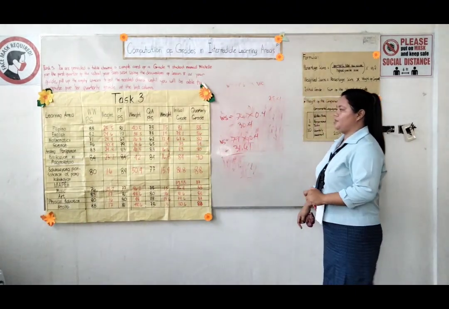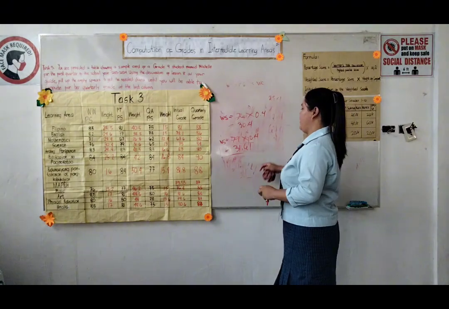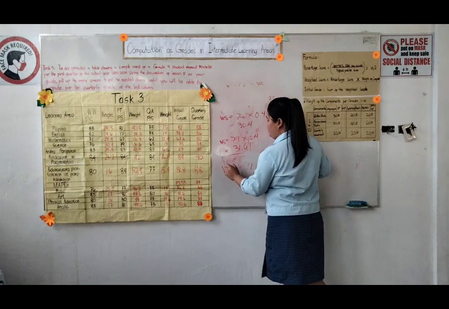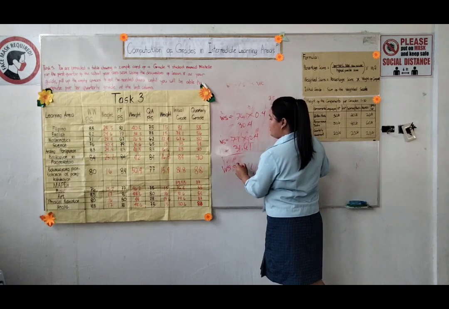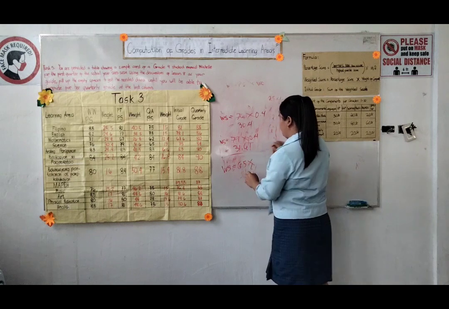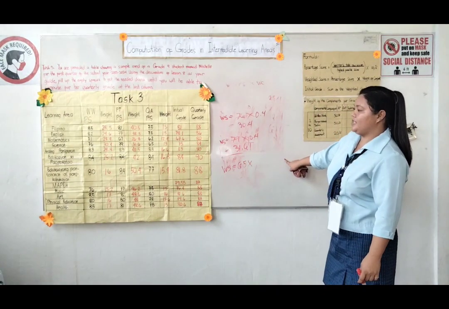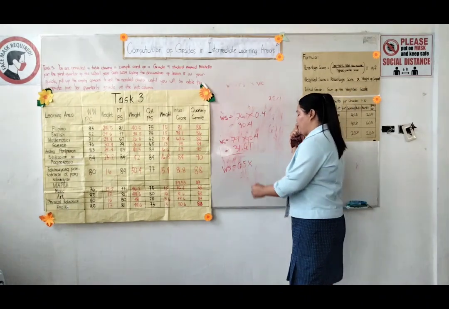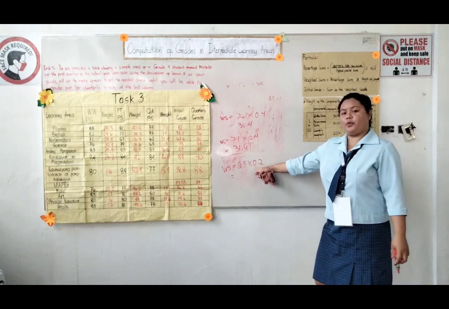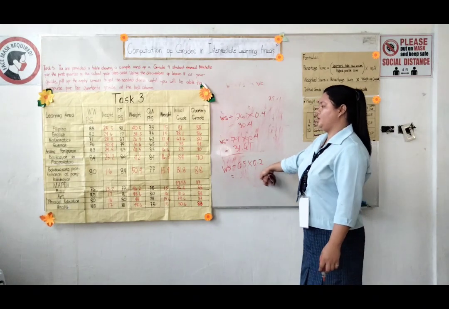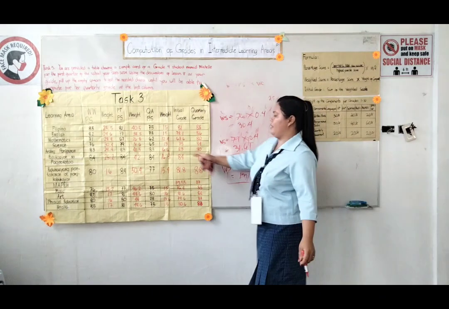In quarterly assessment, the given percentage score is 65. So again, weighted score is equal to percentage score, 65, times the weight of component of quarterly assessment in science, which is 20%, so 0.2. So 65 times 0.2 is equal to 13.